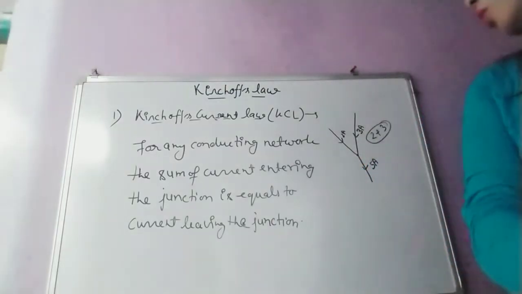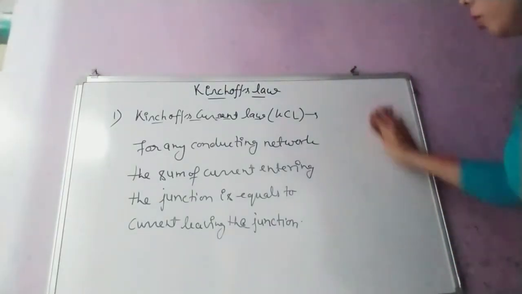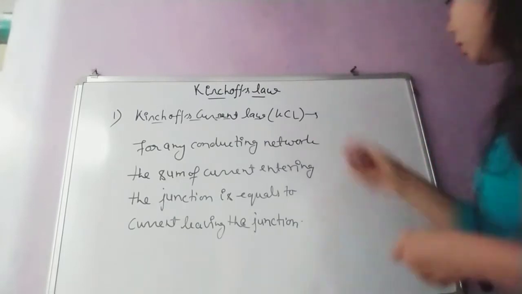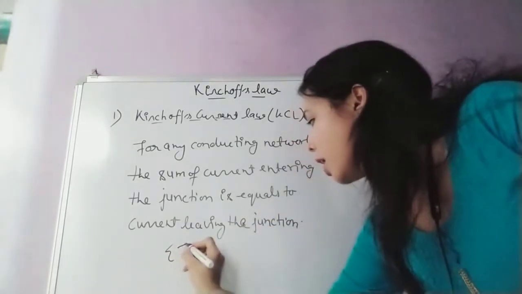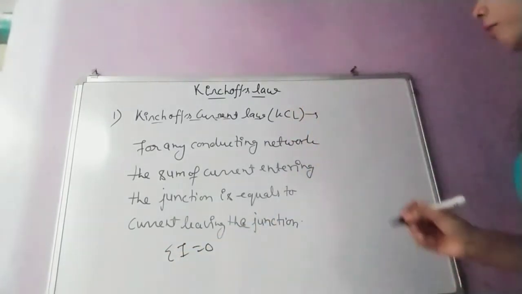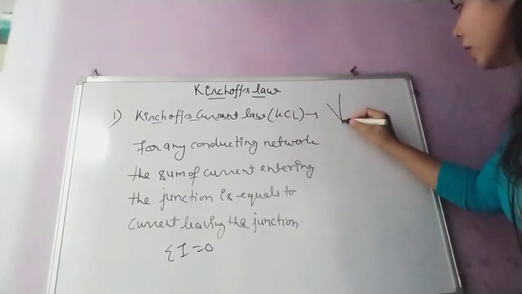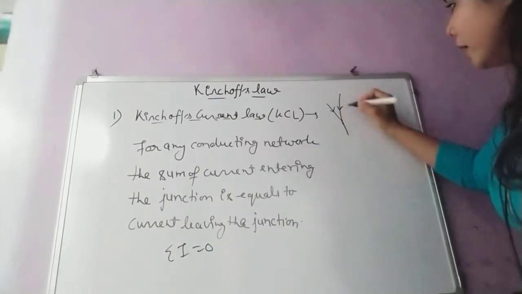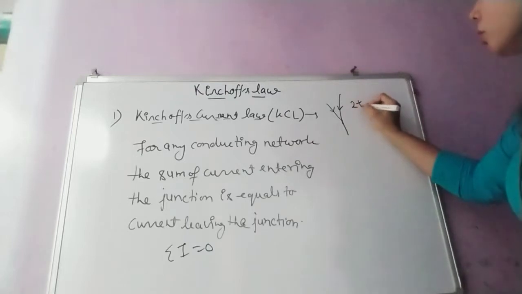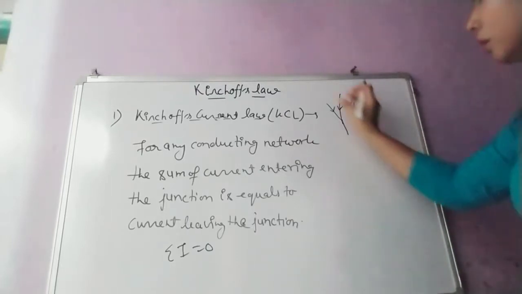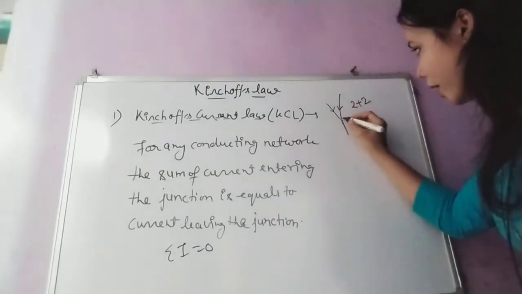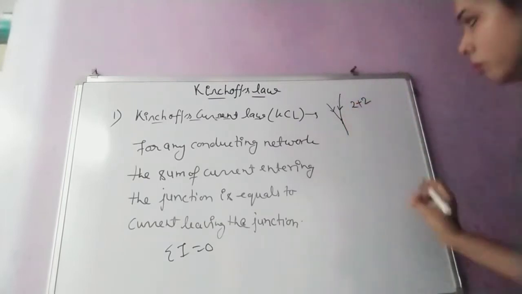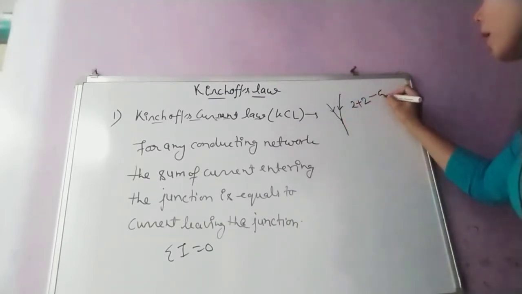Okay. So one more thing you will write here. You can write summation I equals 0. Why have I written summation I equals 0? The current entering the junction, you will take as positive, 2 plus 3, because it is entering the junction, and the current which is leaving the junction, you will take as negative, so minus 5.